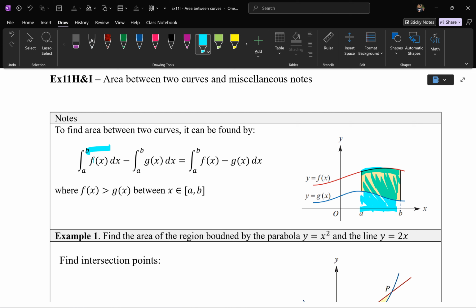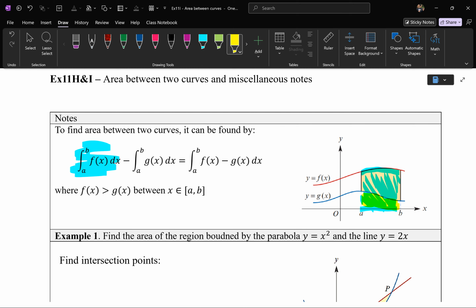The second one, antiderive g of x between a and b, is really just this area. So if you took the big area minus the small area, of course you're going to have whatever's left over, which is the area between the two curves.